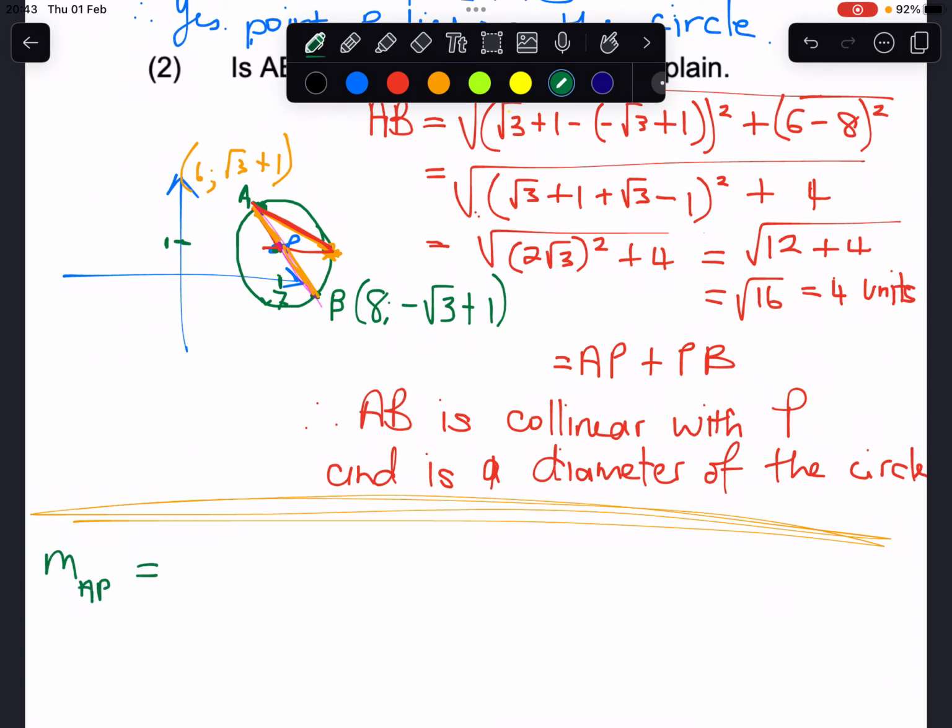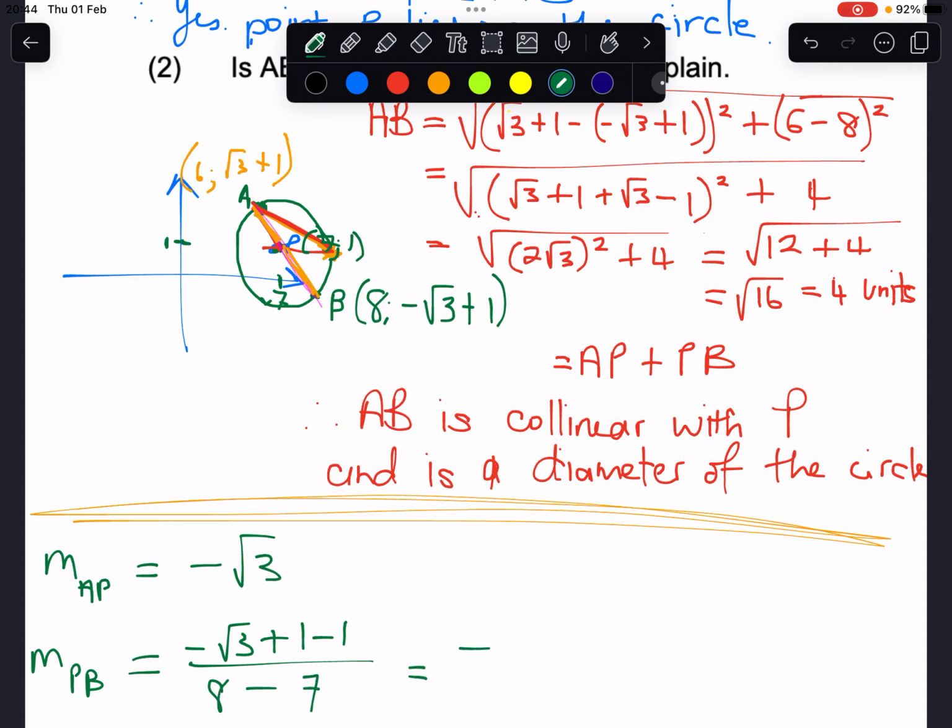M_AP, we already found what that was, right? We found that that was the square root of 3, negative square root 3, right? And now we can find the gradient of PB, so we know that P is (7, 1). I'm going to start with negative root 3 plus 1 minus 1 divided by 8 minus 7.